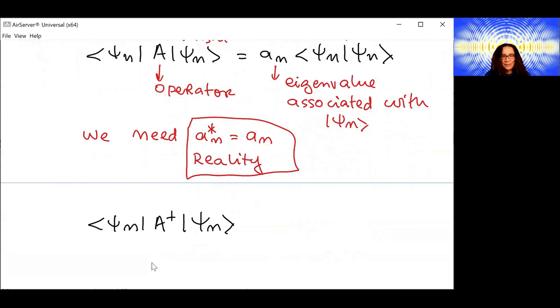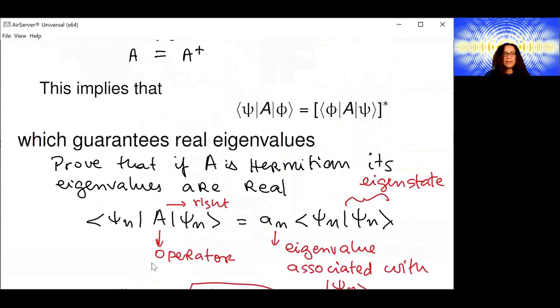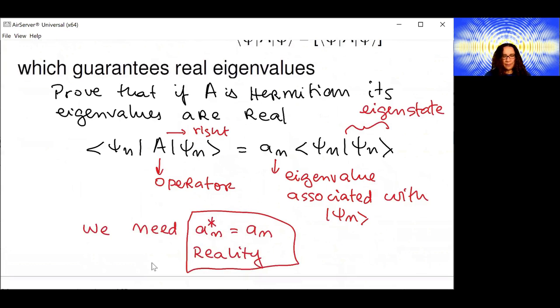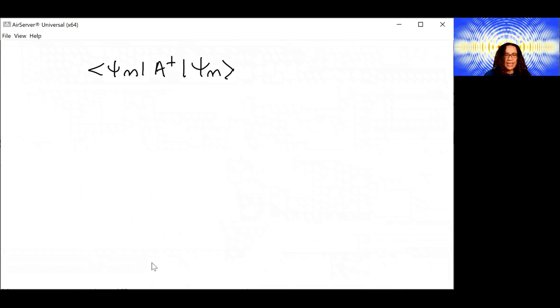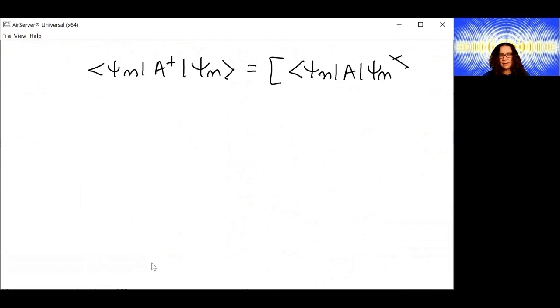Now we had a definition, and that's why I was telling you this inner product is really important, because if you have ⟨ψn|A†ψn⟩, you know that this is going to be ⟨ψn|Aψn⟩ star, correct?